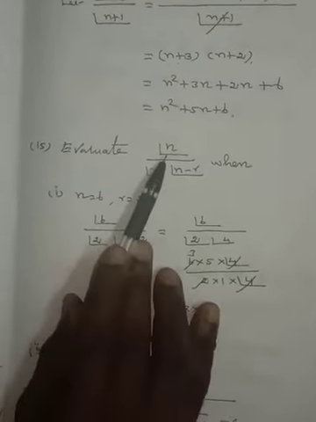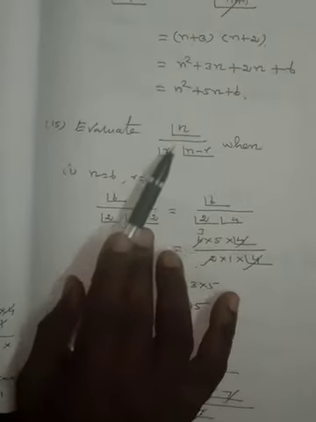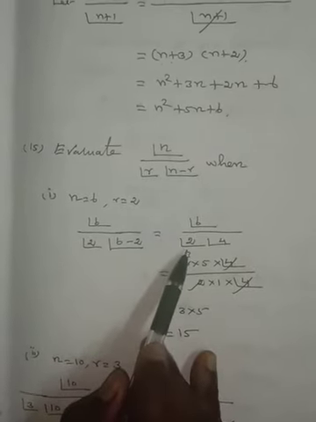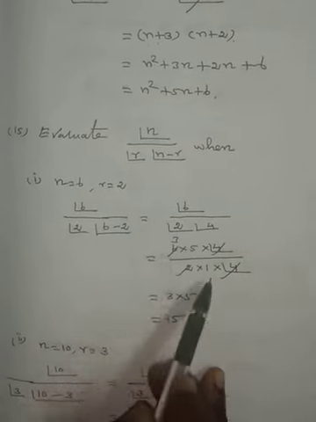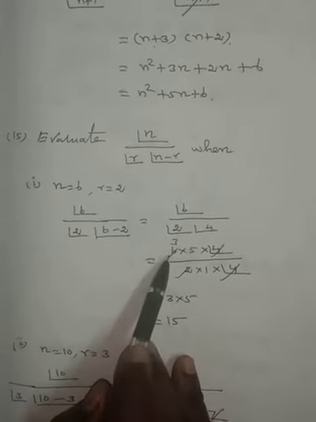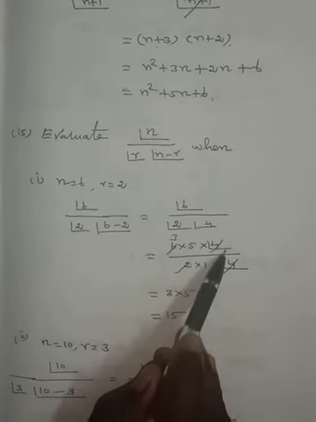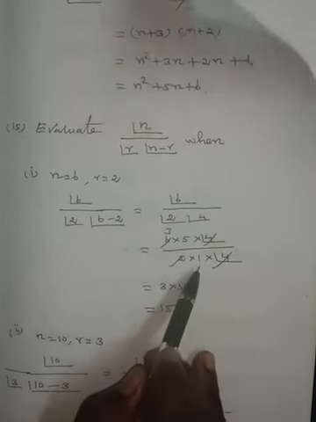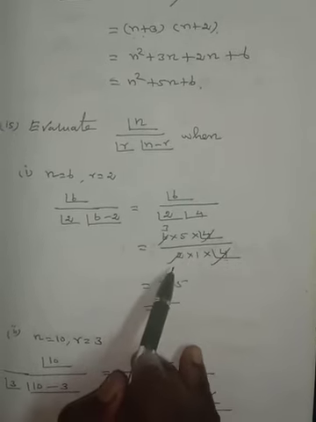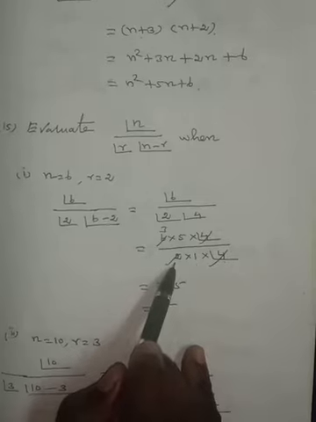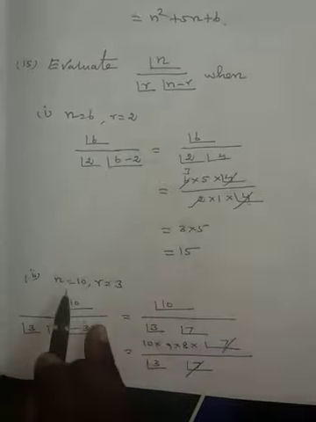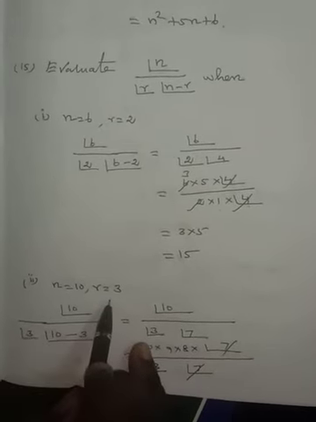Substituting, we get 6 factorial divided by 2 factorial into 4 factorial. 6 factorial can be written as 6 into 5 into 4 factorial, divided by 2 into 1 into 4 factorial. 4 factorial cancels, 2 into 1 is 2, 3 twos are 6, so 3 into 5 is 15.